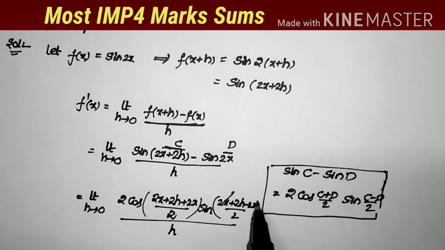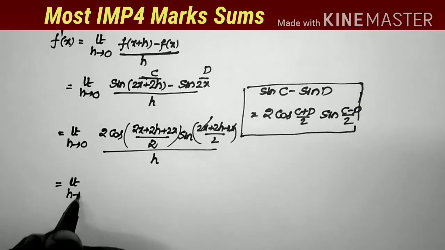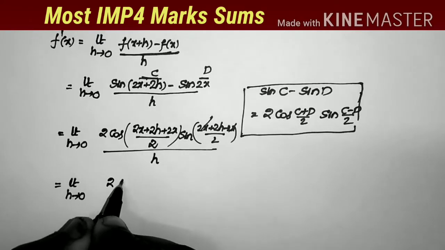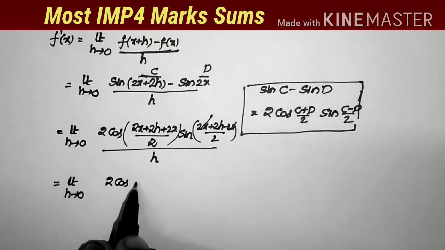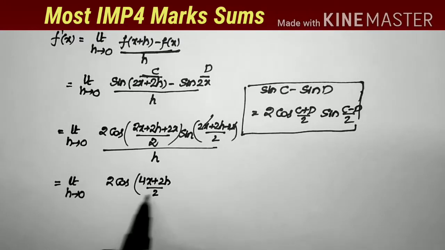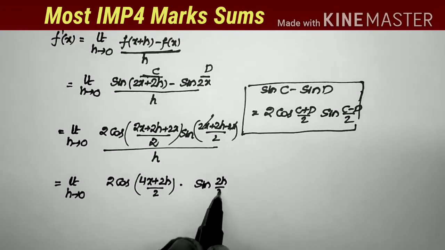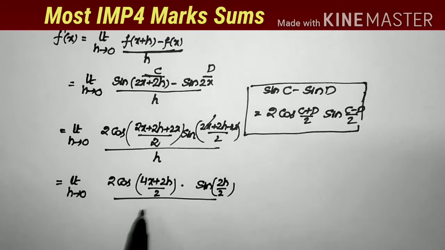Now here 2x and 2x get cancelled. Writing the remaining values, limit h tends to 0, 2 cos of 4x plus 2h by 2, into sine of 2h by 2, whole by h.